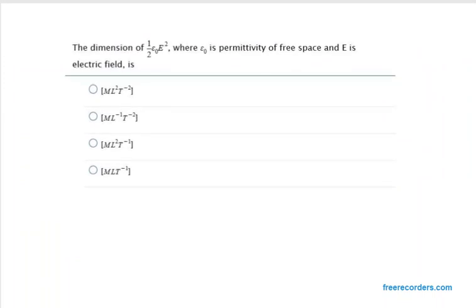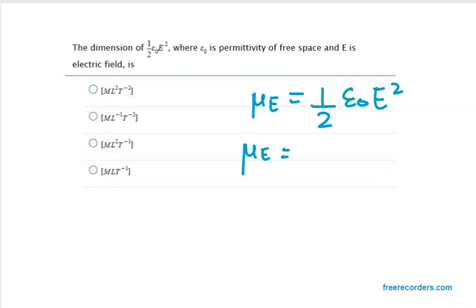Now, the third question says you have to write the dimensions of half epsilon naught E square. Epsilon naught, you know, is actually the permittivity of free space, and E is actually the electric field. So, you all know that this dimension is actually equal to mu E. Mu E is equal to half epsilon naught E square. So you might be familiar that mu E is actually equal to energy over volume.